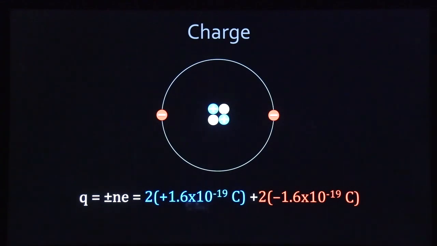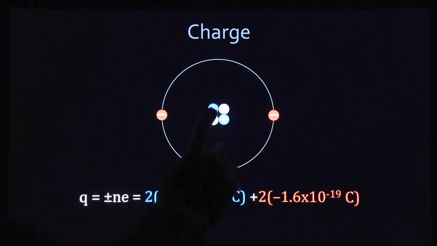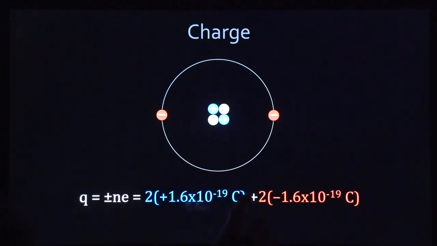So if I want to find the charge of this atom, I have N equals 2 for the number of protons here, and each proton is 1.6 times 10 to the minus 19th. And then I have two electrons right here, and each is negative 1.6 times 10 to the minus 19. So when I punch that in on my calculator, I get the charge is 0. So the helium atom is neutral.